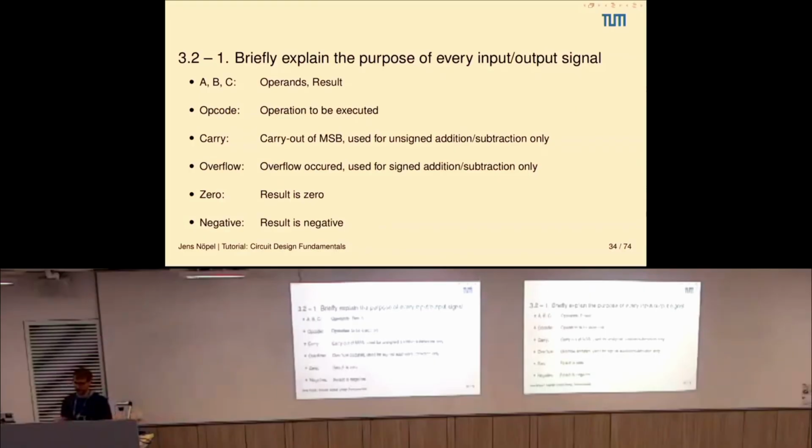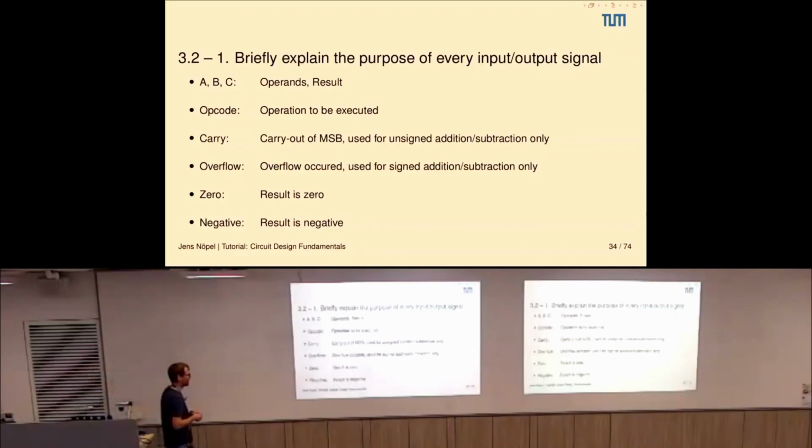So these are typically contained in an ALU. Most processors you look at are going to have a status register you can also read out, and these are going to contain those flags, especially if you write assembler, so assembly code.